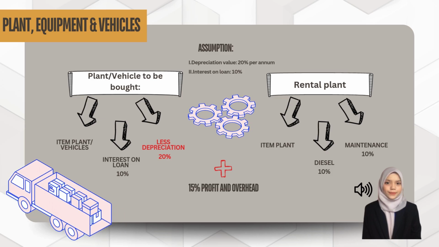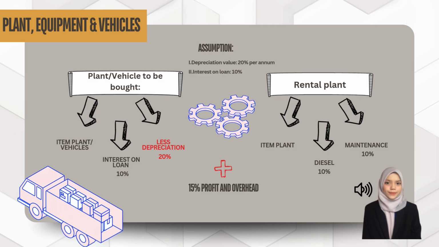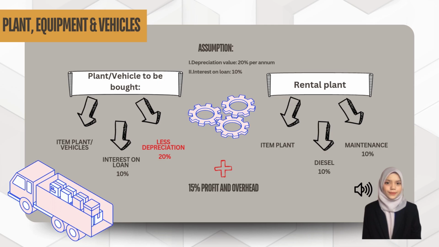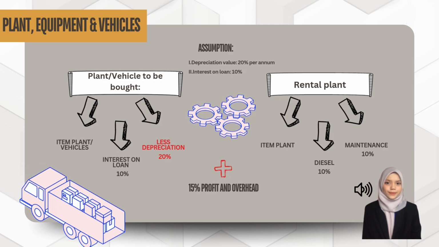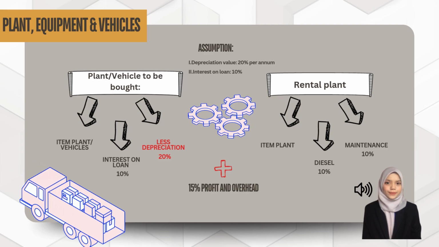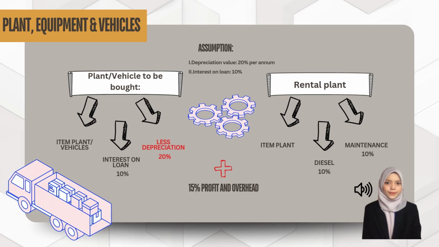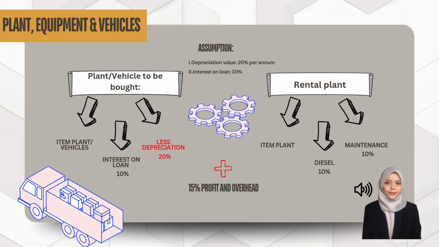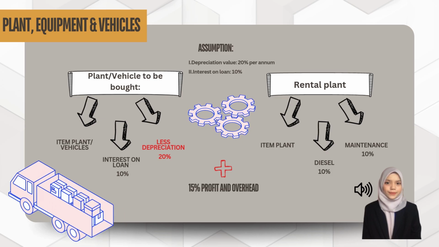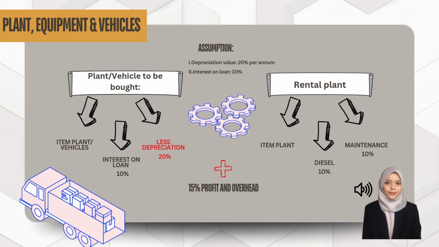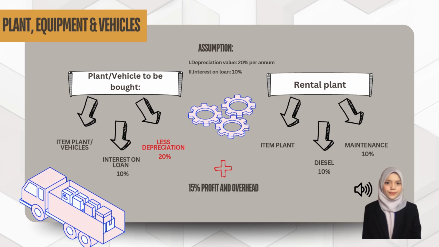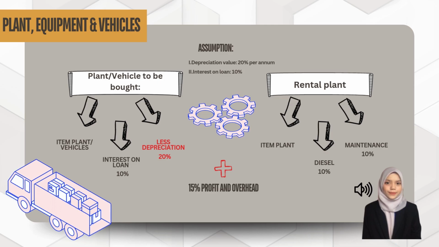As shown in this slide, first thing first, we must determine whether the project involves rent or purchase for each item. 3 things are involved in a purchase plant or vehicle: the item itself, 10% loan interest and 20% less depreciation. For the rental plant, also the item itself, 10% diesel and 10% maintenance, and lastly need to add 15% profit and overhead.